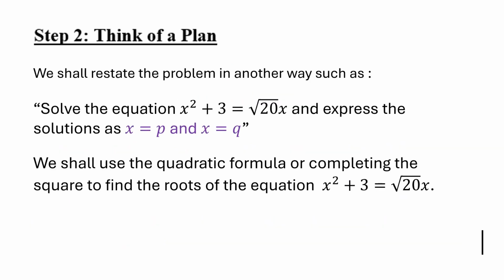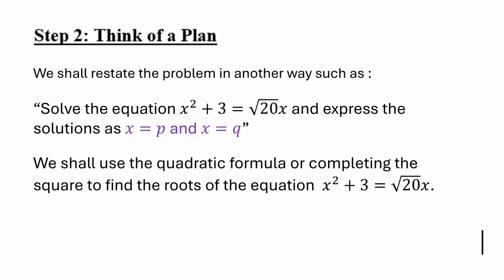So step number 2 is to think of a plan. You can draw a diagram, use a model, guess and check, which most of the time we don't use here, or solve part of the equations. Here we're going to restate the problem.